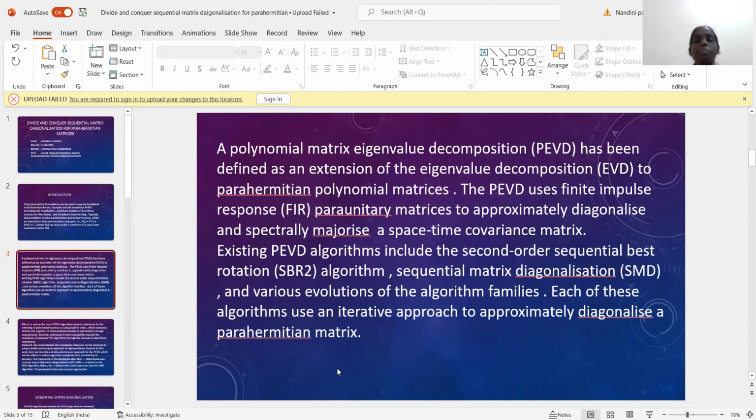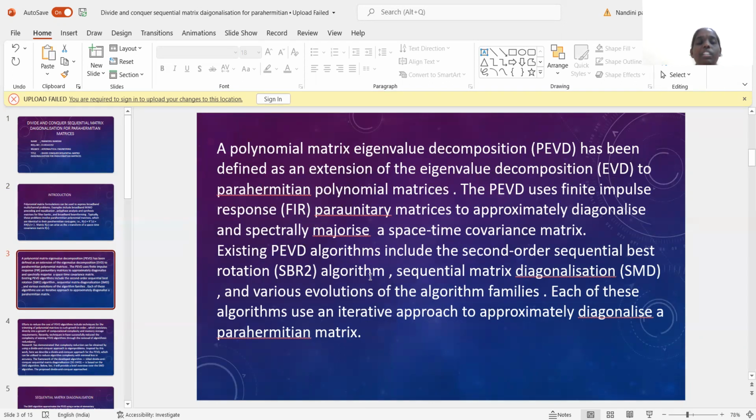The PEVD uses infinite impulse response para-unitary matrices to approximately diagonalize and spectrally majorize a space-time covariance matrix.